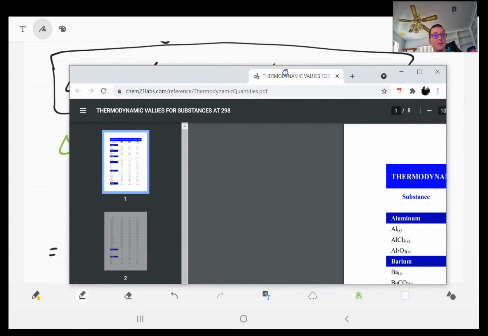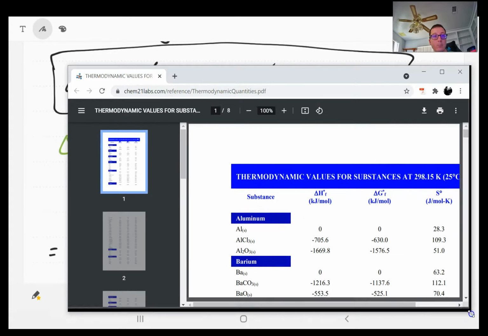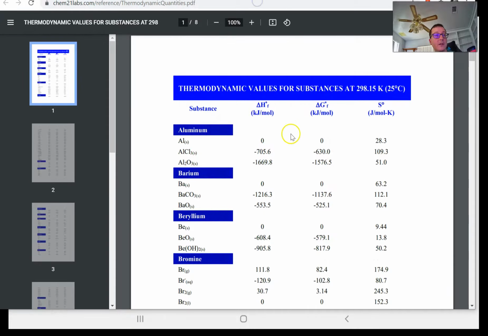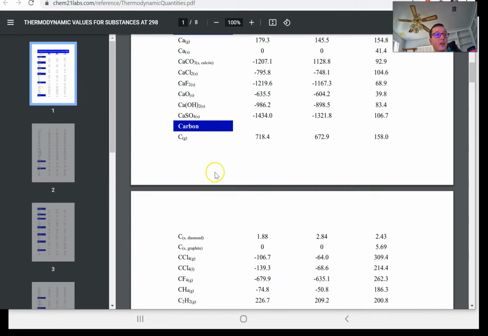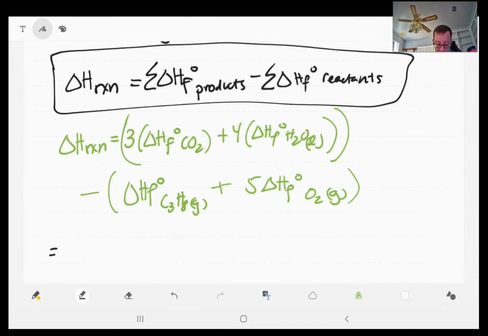So CO2 is our first one. We're going to find carbon dioxide gas. Here it is: negative 393.5. So our first one is 3 times negative 393.5 kilojoules per mole.